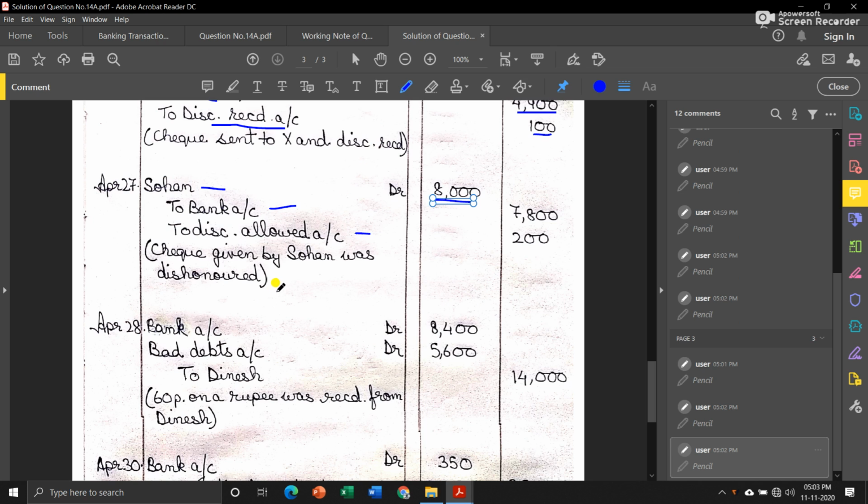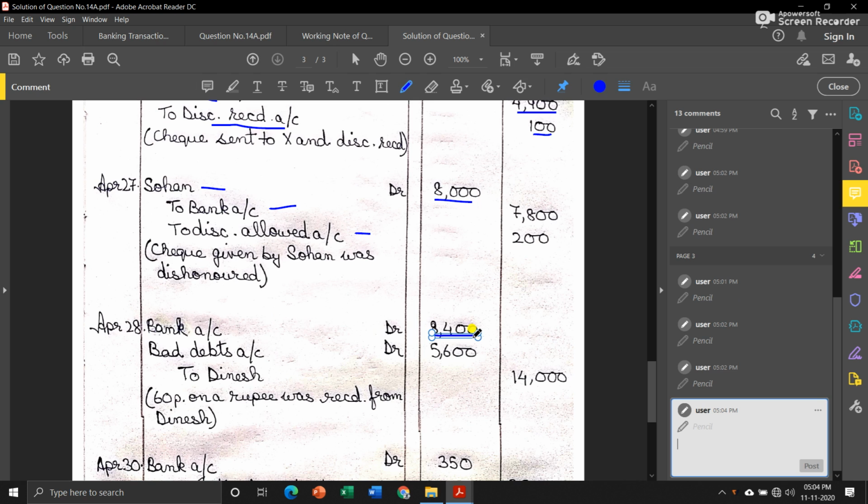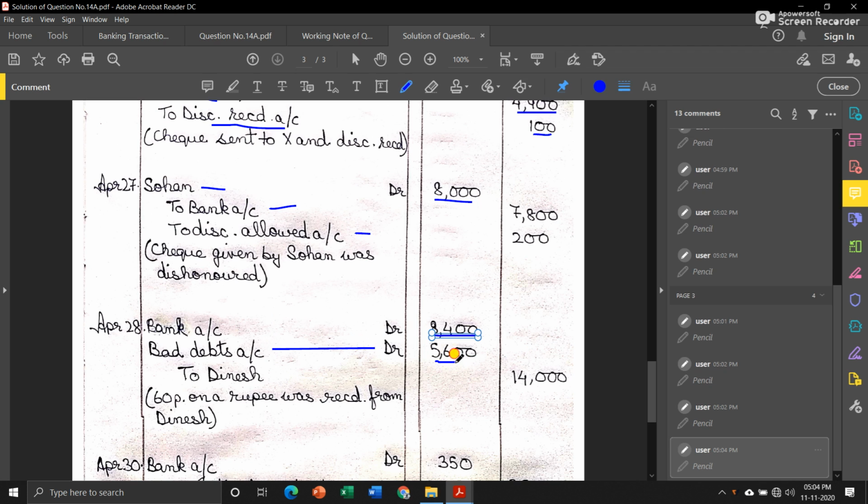Since he is making payment through check, we will debit bank account, because we will receive the amount through our bank account. So the amount we will receive is 8,400, and out of that 14,000, the remaining amount will be our bad debts, that is 5,600. Altogether Dinesh was supposed to pay us 14,000.